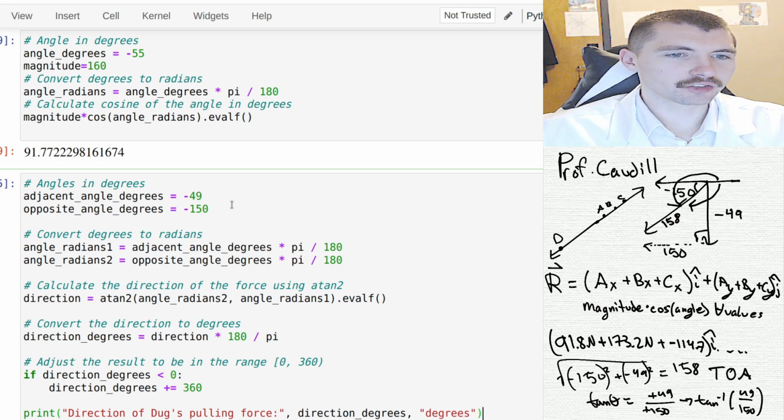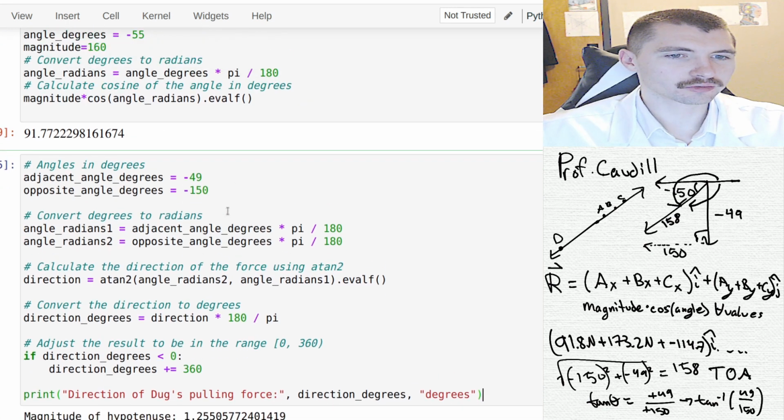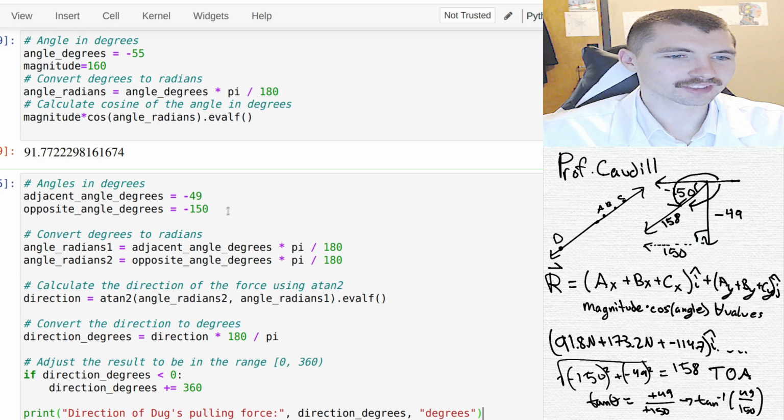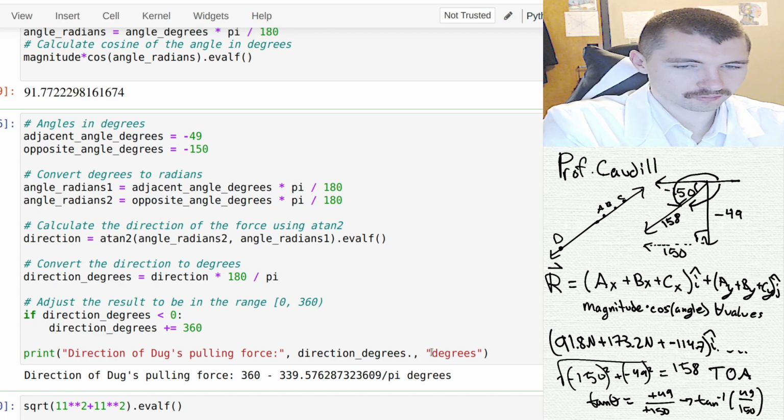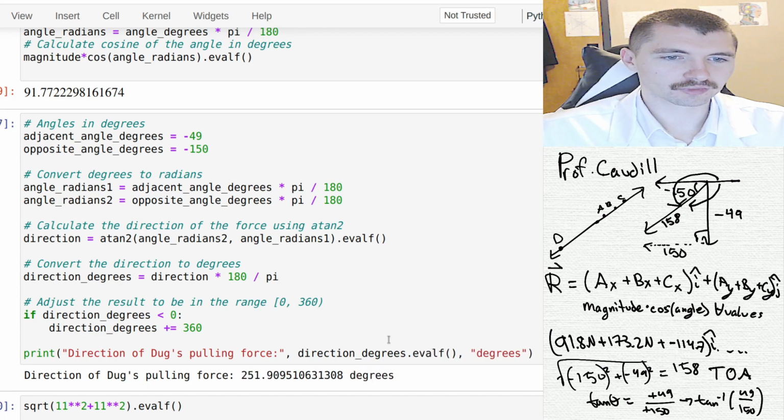Angle in degrees. Okay, so I like this little if stand. So 250.